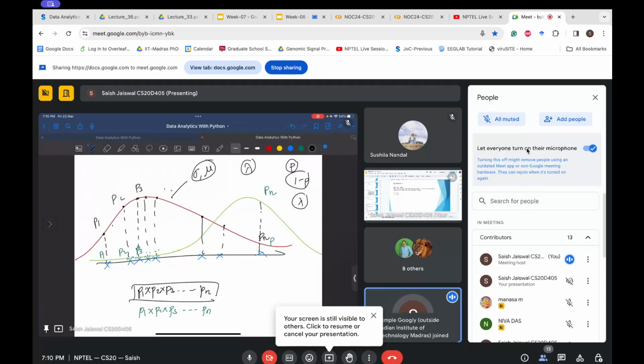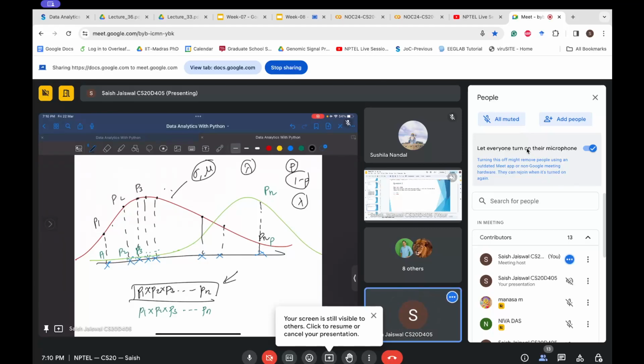And what is the aim? You have to fit the distribution such that the likelihood of each point with respect to the distribution is maximized, which is denoted by this function P1 P2 into Pn, that is the product of the likelihoods.